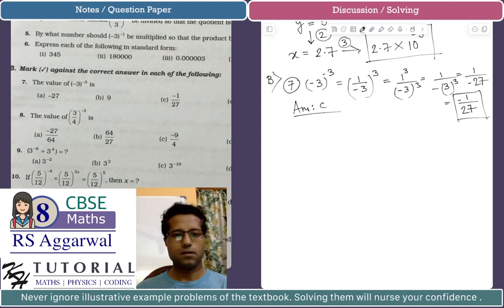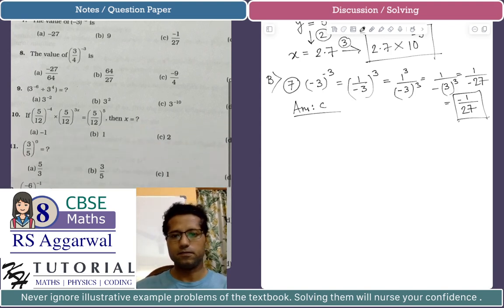Question number 8. We have to find the value of 3 by 4 raised to the power minus 3. The power is negative, so it will be the reciprocal of the base, that is 4 by 3 raised to the power 3.